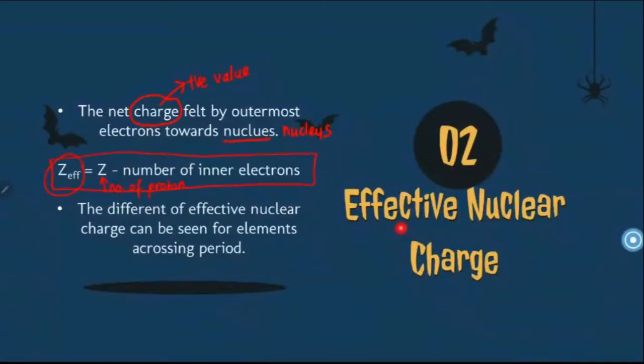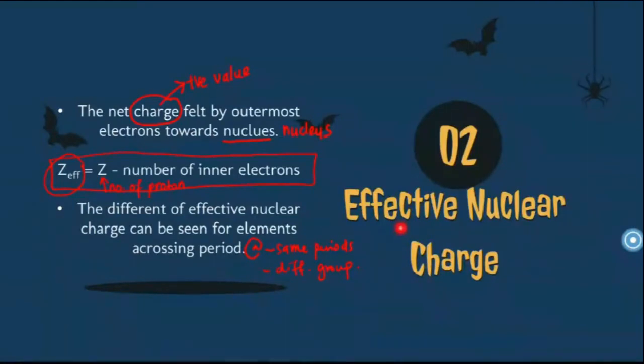So the difference of effective nuclear charge can be seen for elements across a period, meaning those elements have the same period but different groups.